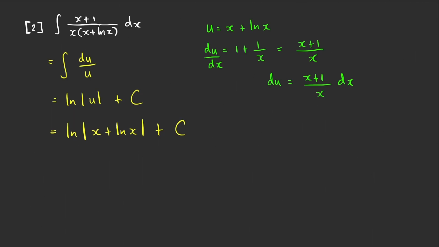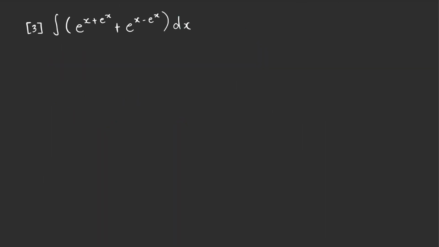Next problem. If we look at this third integral here, again, let's try substitution. If we plan to use substitution, then this is a possible u, but the problem here is our du will be 1 plus e to the x dx, and it's not a factor of the integrand in this case.